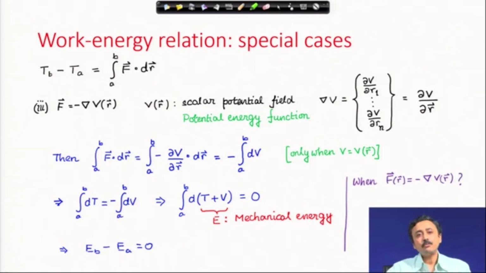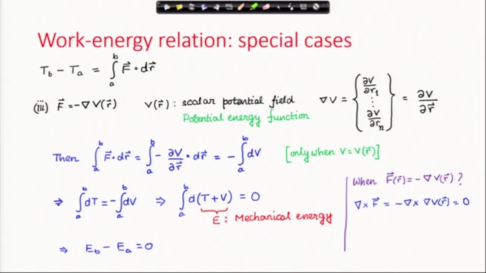Now, the question arises when this will happen. Suppose you are given a force field, that is, at every location you have a force vector, then it is called a force field. When can a force field be represented as a negative gradient of a potential? This is a valid question.